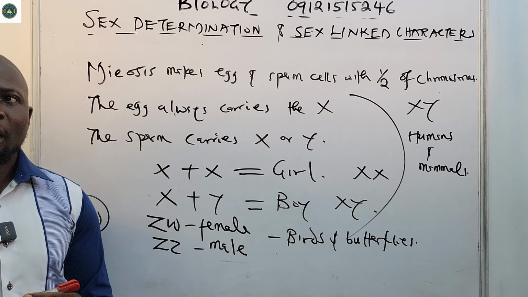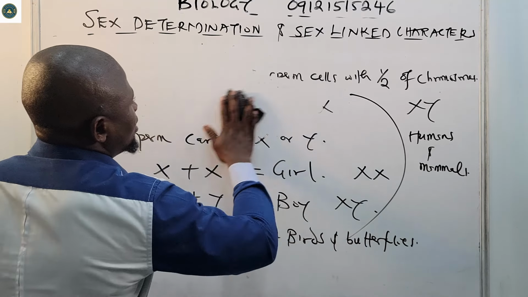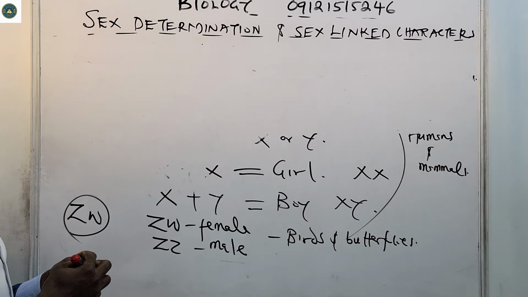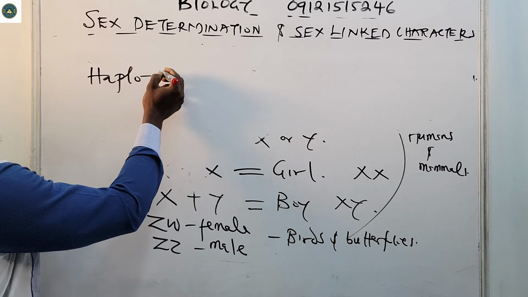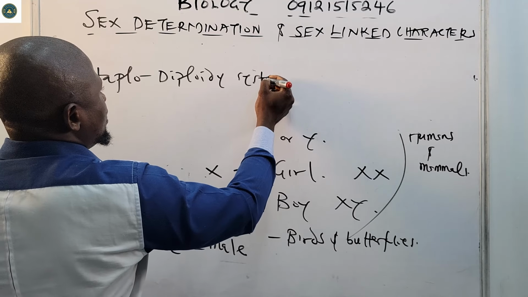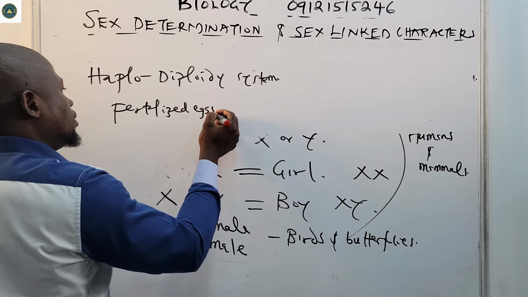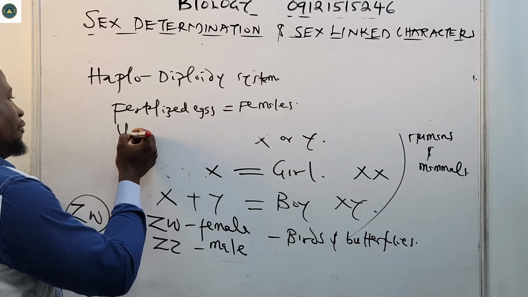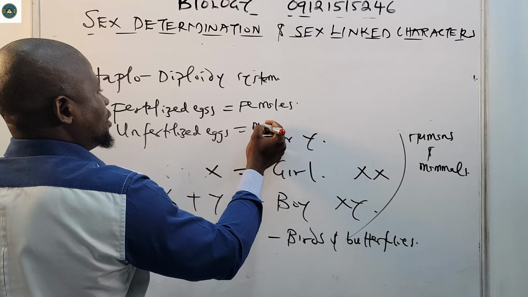We also have the haplodiploidy system. This one is seen in honeybees and ants. We call it the haplodiploidy system. In this system, fertilized eggs form the females, while unfertilized eggs form the males.